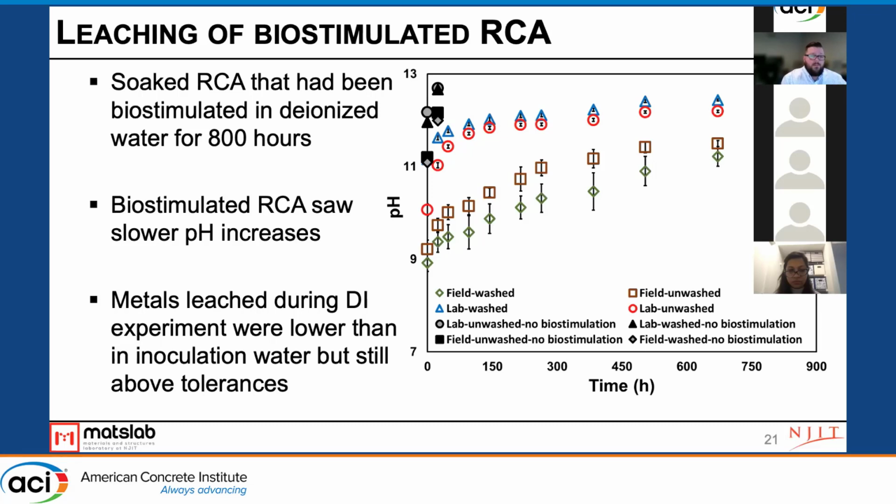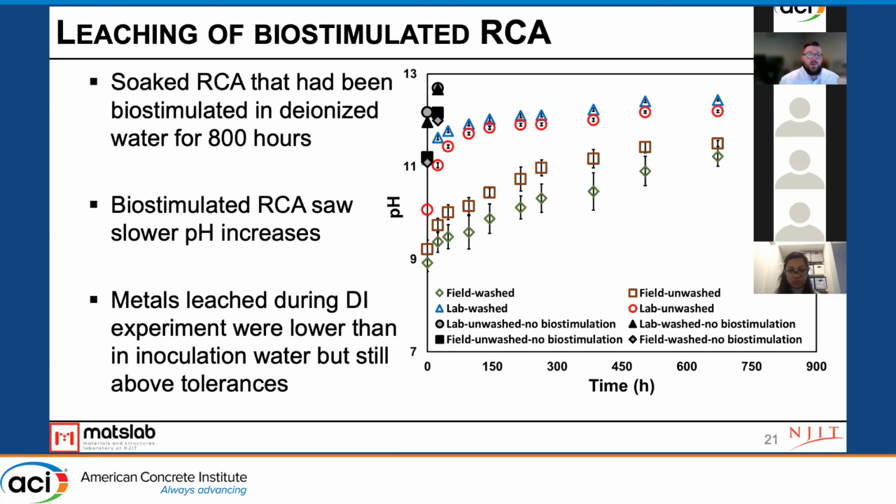So basically, when we biostimulate RCA in some way, or increase the growth of that alkaliphilic bacterial community, we can slow down the leaching of calcium hydroxide, or buffer the solution that's coming out. And this is important for us, because typically in the field, when you've got a stockpile, the water is moving through it rather quickly.